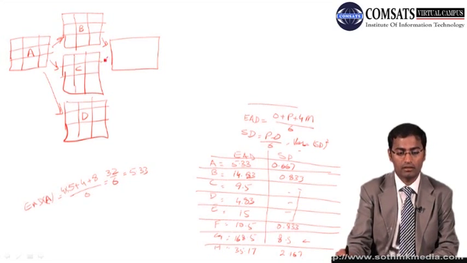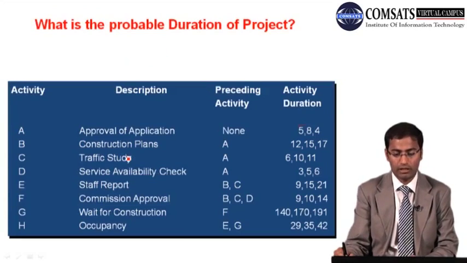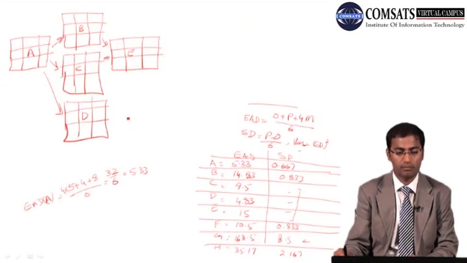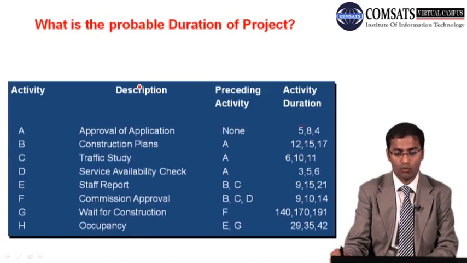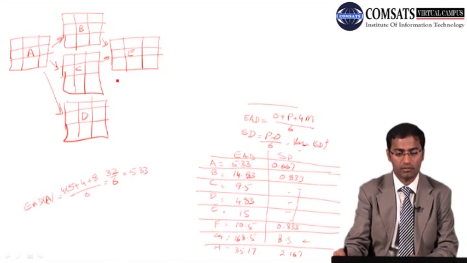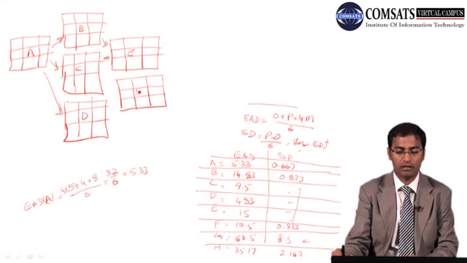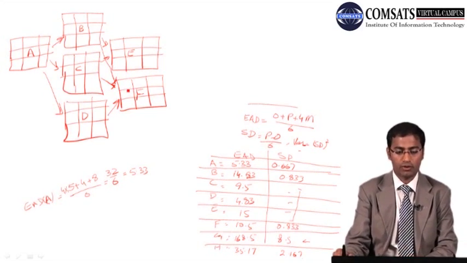So E has been drawn, and there is one activity F that is dependent on 3 activities, B, C and D. Okay, so F has been drawn.